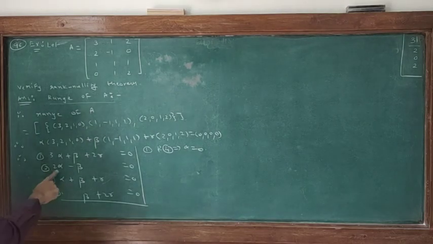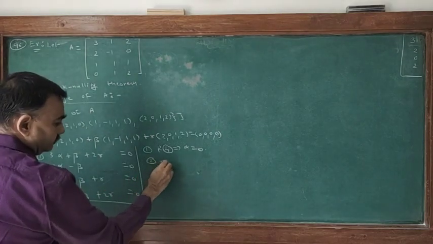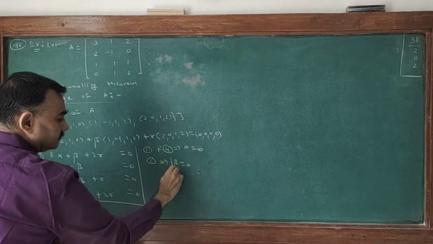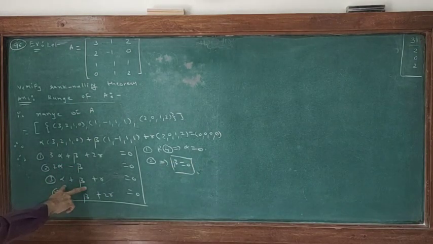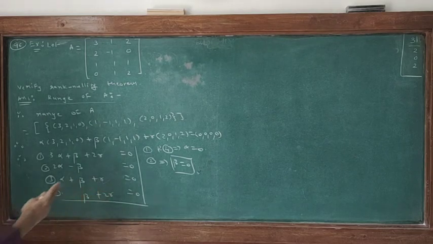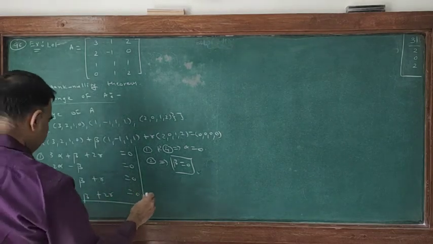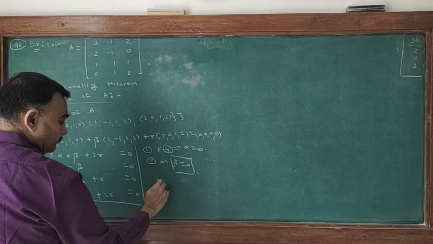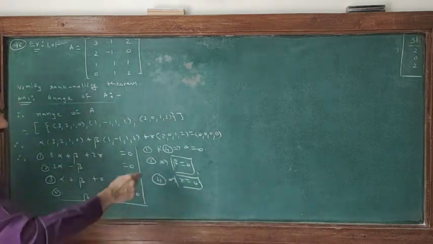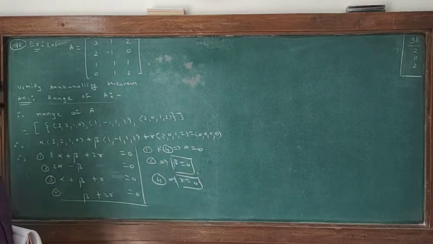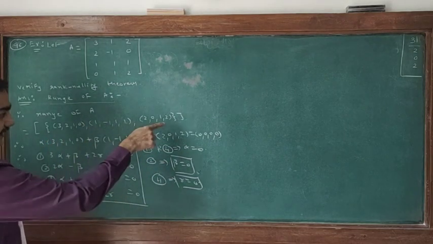If we put alpha 0, we have beta 0. Now if alpha and beta both are 0, by equation 4 gamma 0, therefore alpha, beta and gamma all are 0.